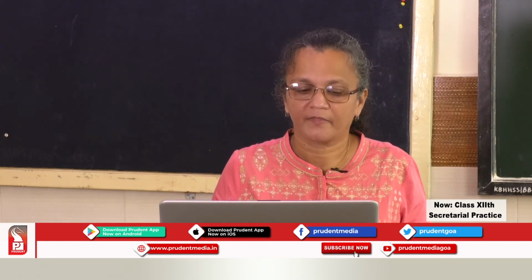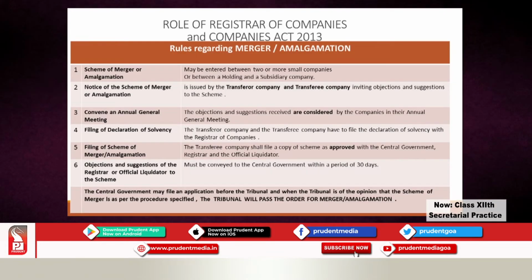Fourth, filing of declaration of solvency. Very important. Declaration of solvency is drafted by the board of directors of the company.